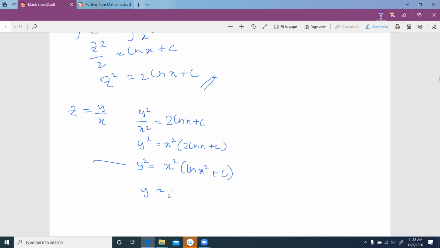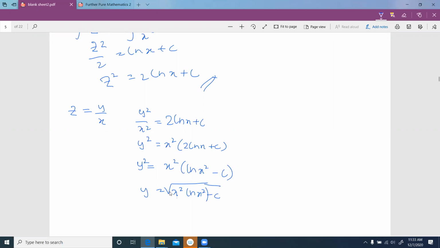You get the answer: square root of x squared ln x squared minus c.